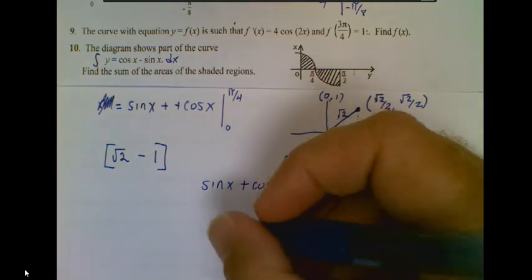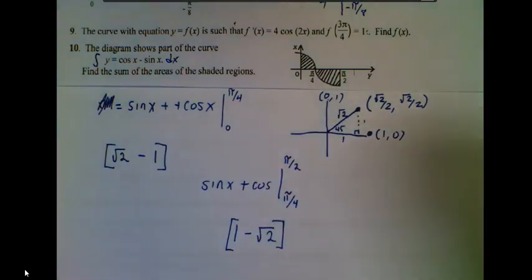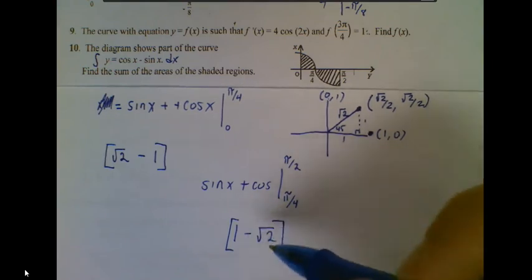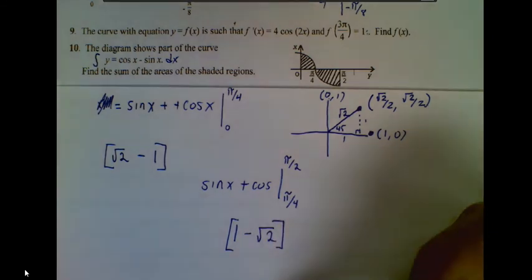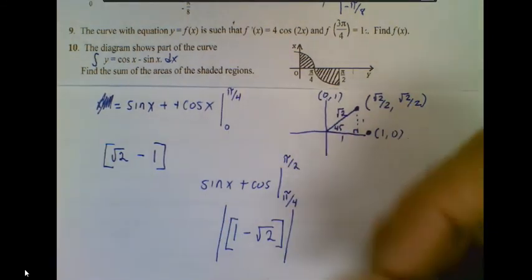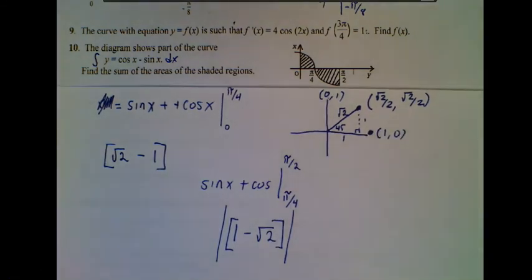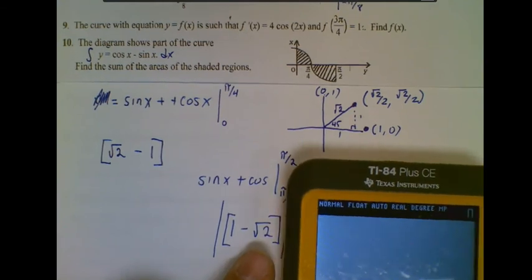So these are the two areas. Notice that would come out to be a negative. The square root of 2 is bigger than 1, so that would come out to be a negative. So I need to make sure that I take an absolute value on that. So just to show you what's going to happen here is basically those guys are going to change places.